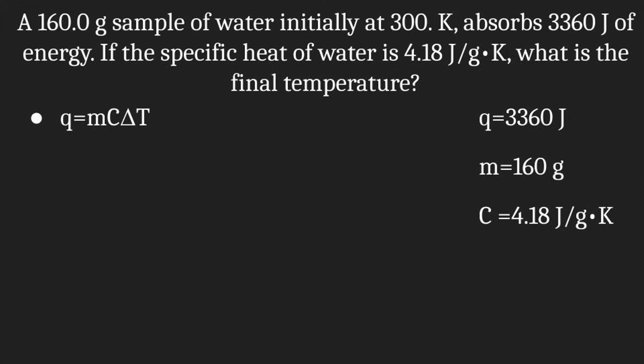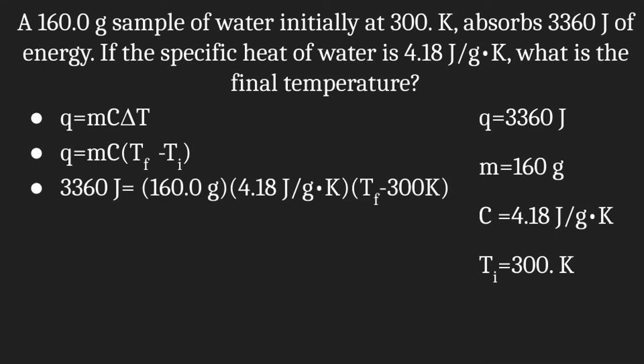Now they don't give us delta T, but they give us our initial temperature, which is 300 Kelvin. So, since we only have the initial temperature and not the final temperature, we're going to go back to our equation and rewrite it as Q equals mc times T final minus T initial. And then we can plug in what we have.